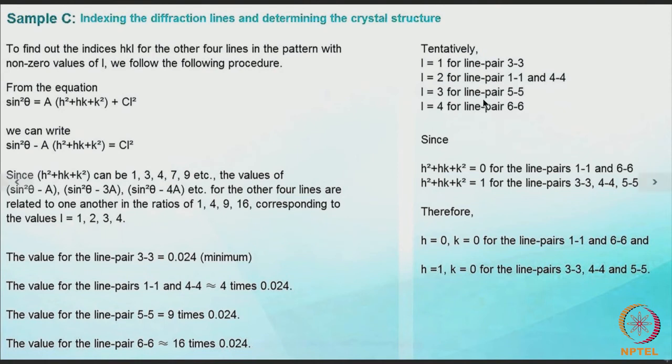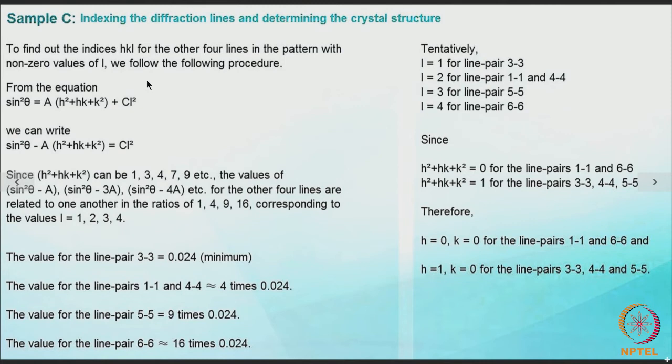Say from the equation sin square theta is equal to A into H square plus HK plus K square plus CL square, we can write it in this form: sin square theta minus this term is equal to CL square. Now, we already know that H square plus HK plus K square can assume values of 1, 3, 4, 7, 9, etc.